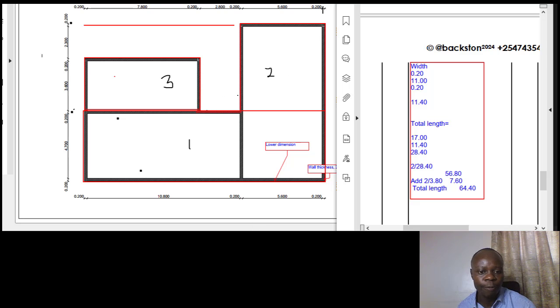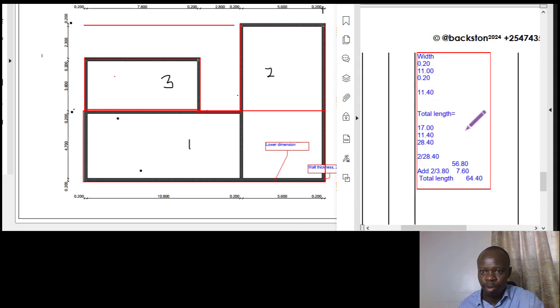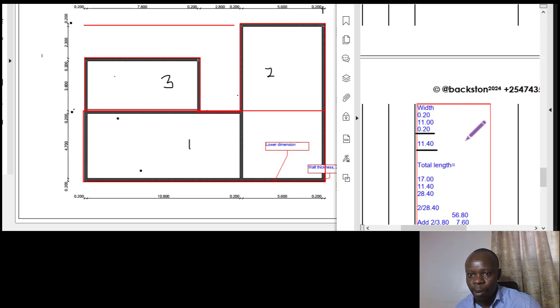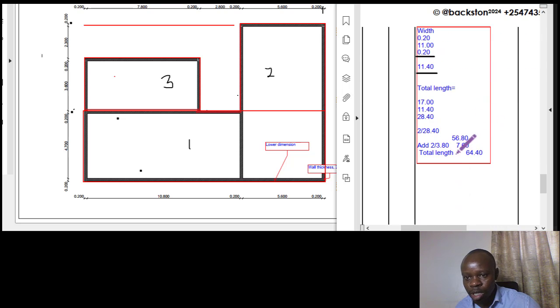Okay, so as usual, once you've done a good job, you remember to keep it even more tidy by making sure that you underline the items that you have. For instance, just to give a distinction between the dimensions you are entering and the ones that you've got.